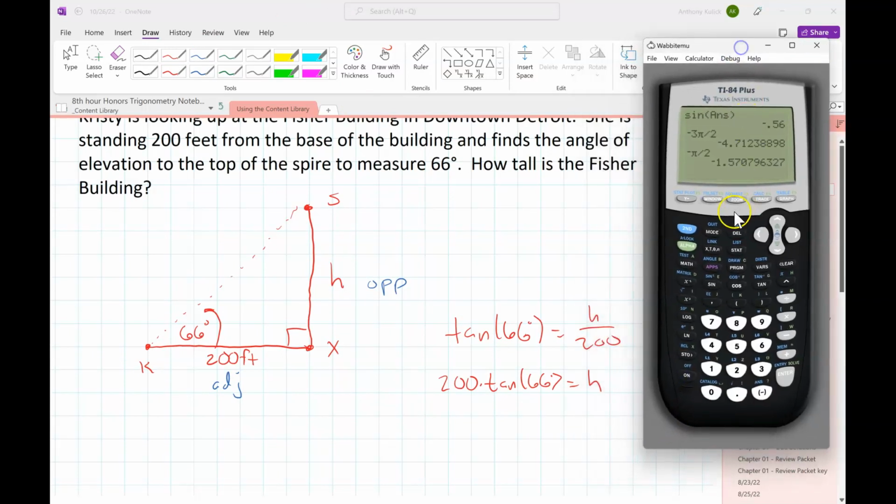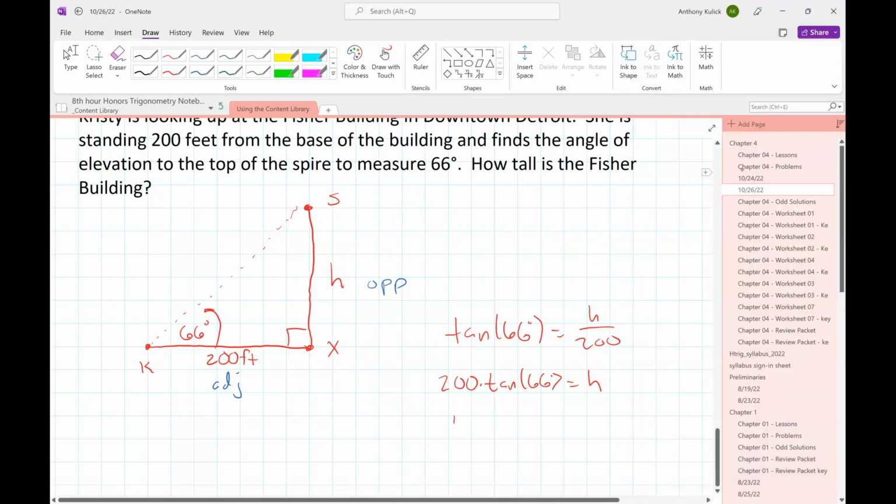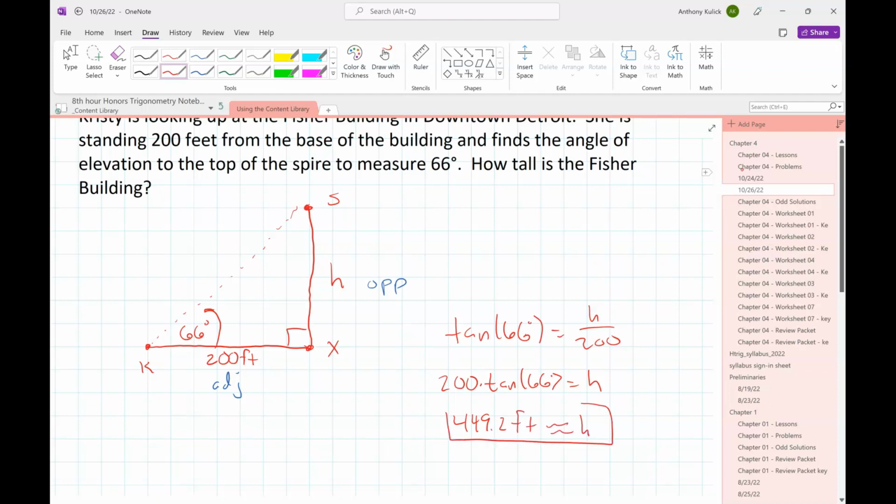Yeah, I've got to make sure I'm in degree mode because the angle is measured in degrees. It says so in the problem. The last thing I was doing was in radians, so I'm probably going to have to change it. So I get about 449.2 feet. No big deal, right?